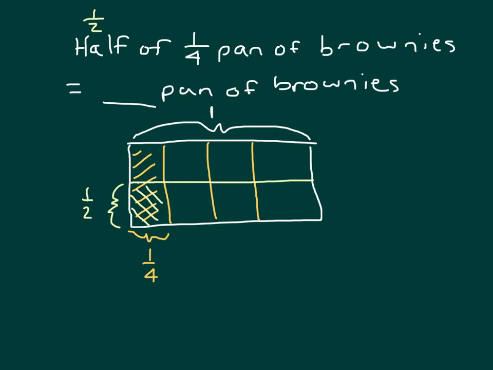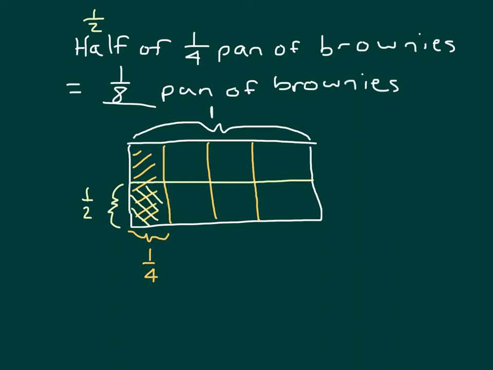Now, if we look at that, this is only one part of the whole, and it's one part of 1, 2, 3, 4, 5, 6, 7, and 8. So half of 1/4 of a pan of brownies is 1/8 of a pan of brownies.